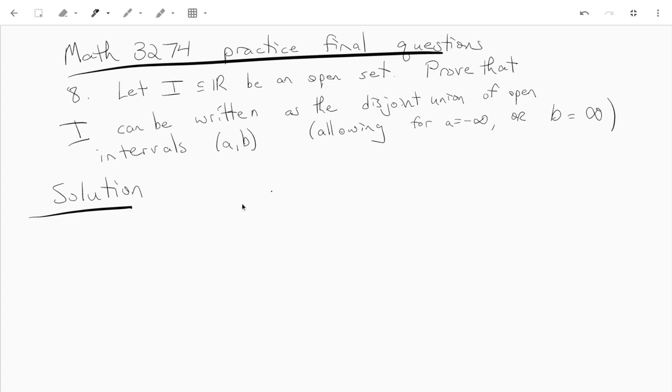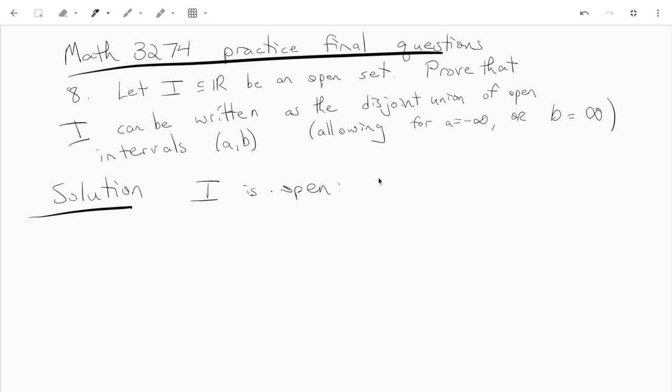So let me define what an open set of the real numbers is. Luckily, this should be familiar. What does it mean to be open?